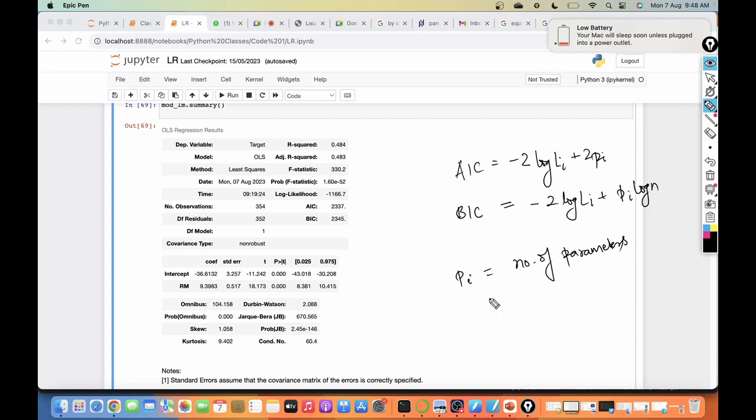And here L is the likelihood value, and once you apply the log, it becomes the log likelihood value.